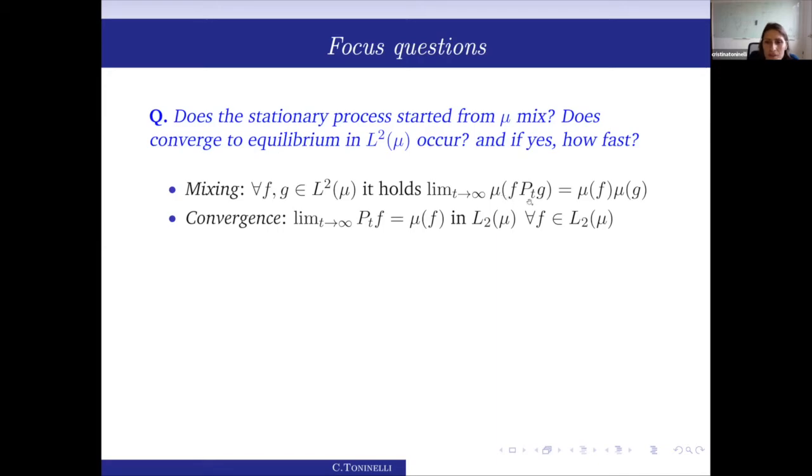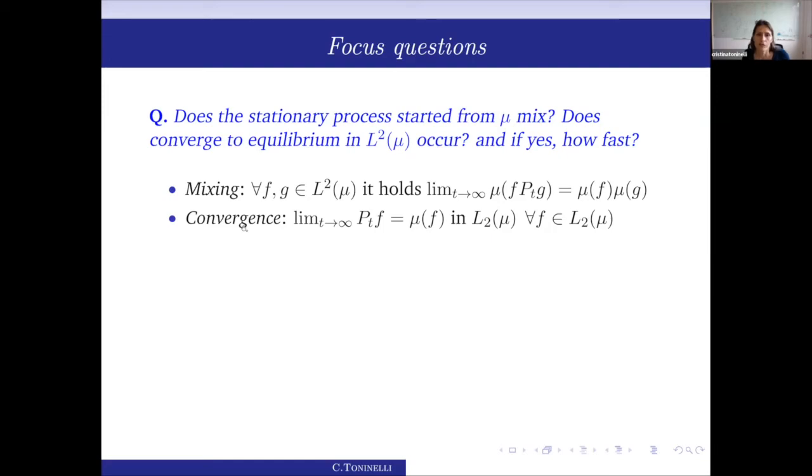If I take two functions f and g, and I take the infinite time limit of the mean over the stationary process of the function f times the function g evaluated at the evolved configuration, does this mean decorrelate? Does it converge to the mean of f times the mean of g?